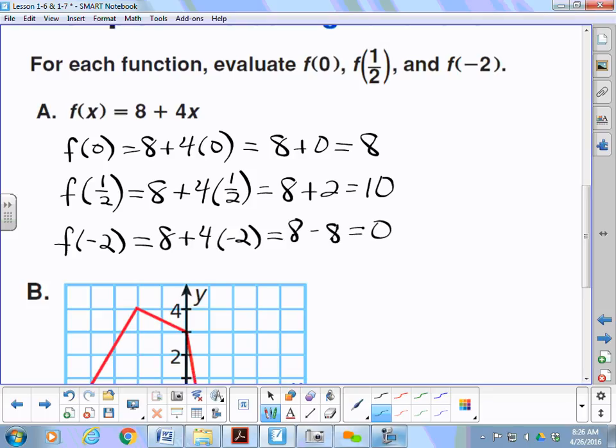So all that tells us is, basically they're saying here's the x value, find the y value for me. So these are actually representing points on the graph. If we graphed y equals 8 plus 4x, we'd have the points 0, 8, 1 half, 10, and negative 2, 0.